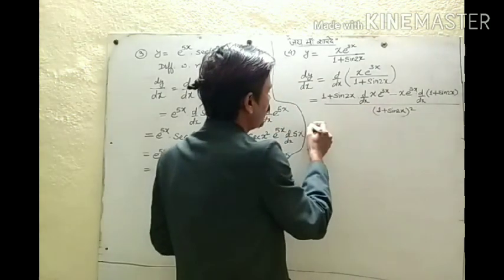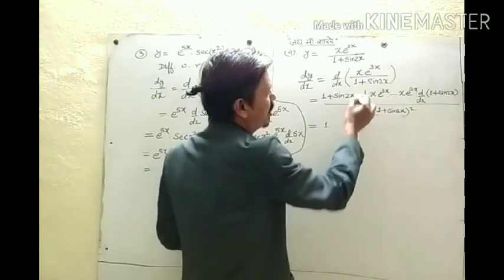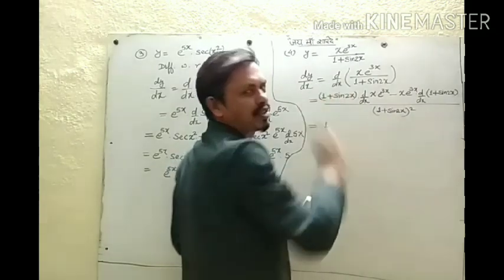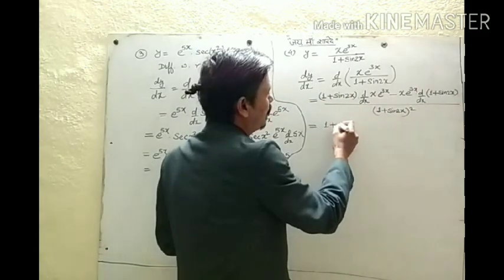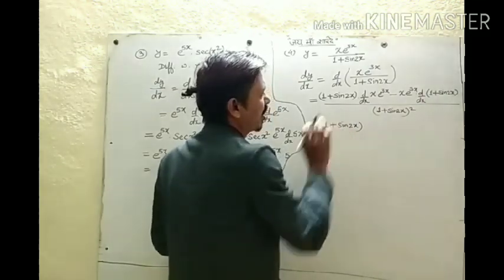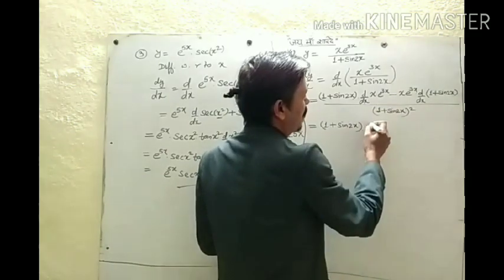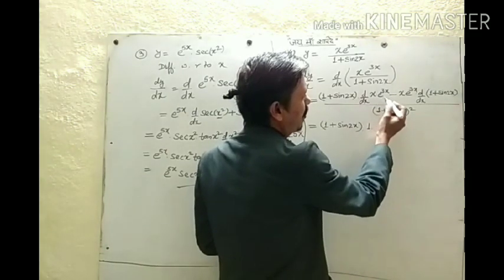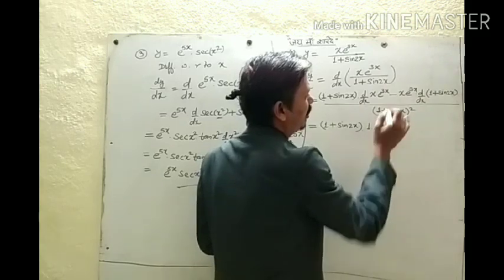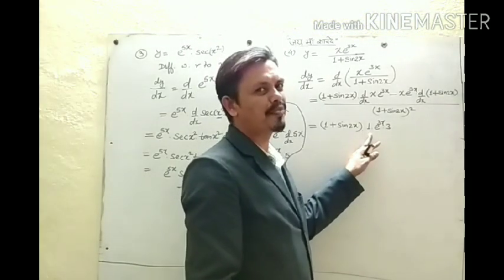Now 1 plus sine 2x has two terms in the denominator, so always use brackets, otherwise the next step can have a mistake. So be careful: if the denominator or numerator has two terms, write using brackets. Now the derivative of x into e to the power 3x: the derivative of x is 1 and the derivative of e to the power 3x will be e to the power 3x into 3. Is it okay?